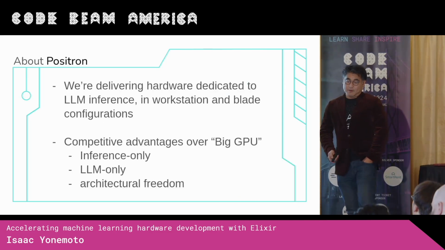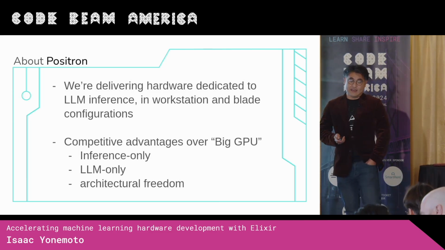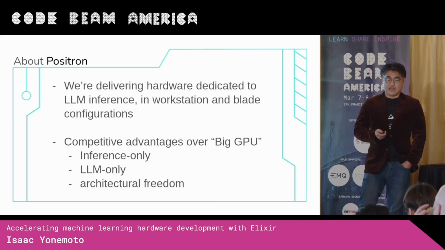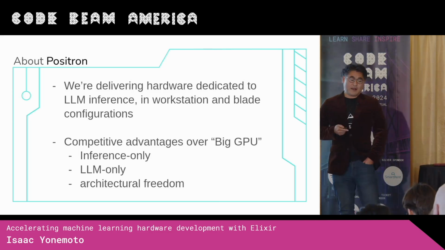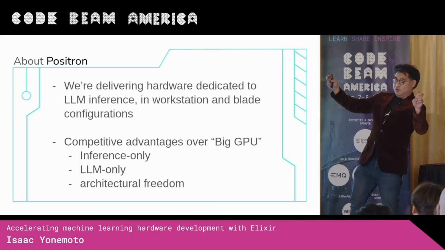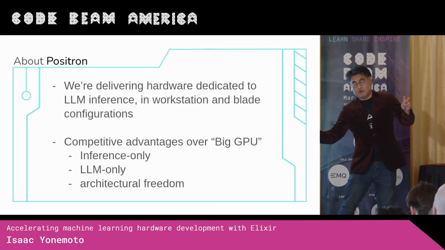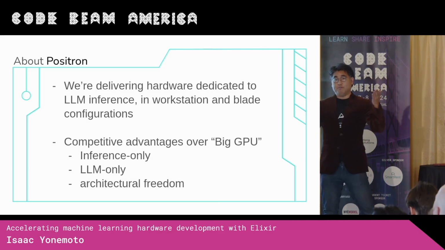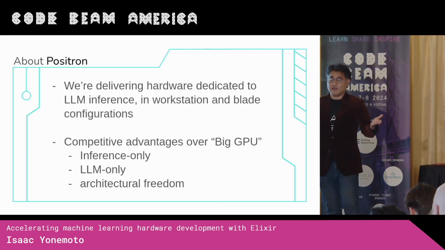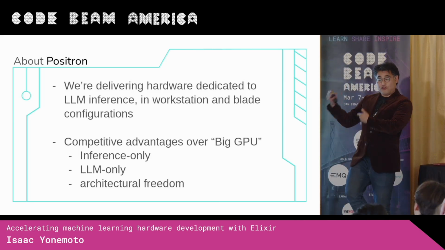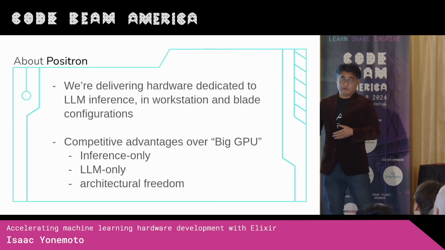Okay, so a little bit about Positron, which is the company that I'm doing this work with. We are delivering hardware dedicated to LLM inference, both in workstation and blade configurations. So let's just say there are some competitive advantages over big GPU in that we are building inference-only machines, and big GPU has to satisfy both inference and machine learning training pipelines. And let's just say that for machine learning training, your bottleneck is literally just pushing flops through the machine, right?